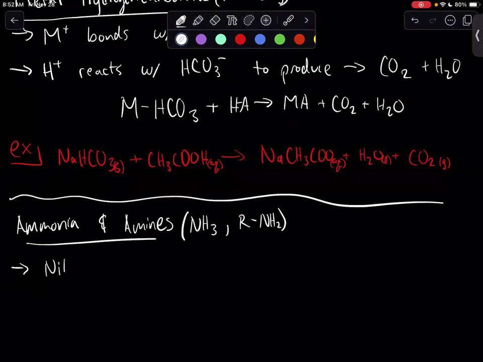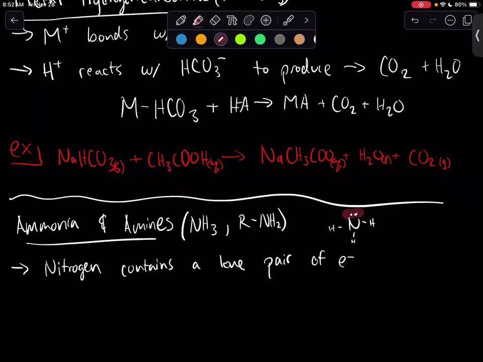The fact is, nitrogen contains a lone pair of electrons. So when we look at nitrogen in ammonia or in our R group, it has this lone pair of electrons right here at the top. And these are the ones we're referring to.